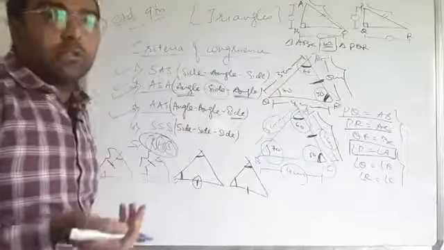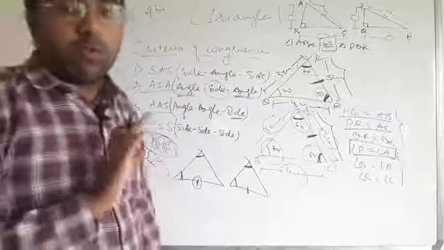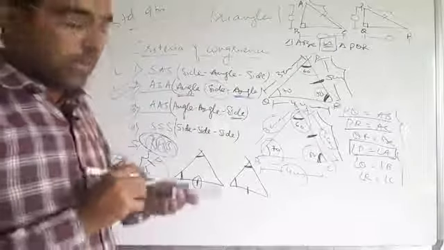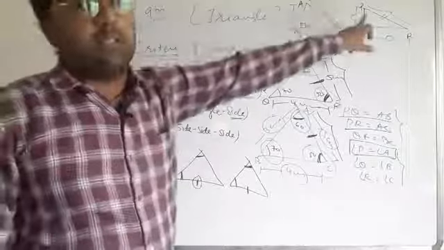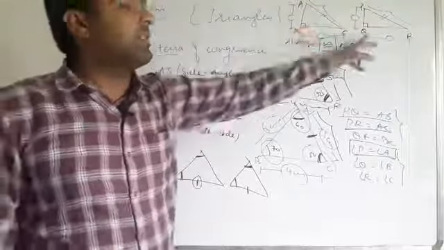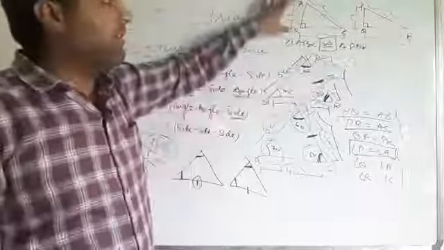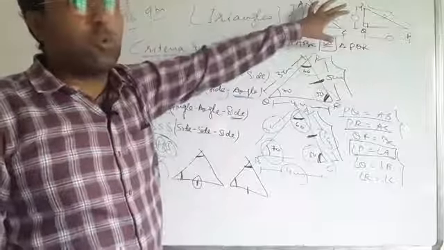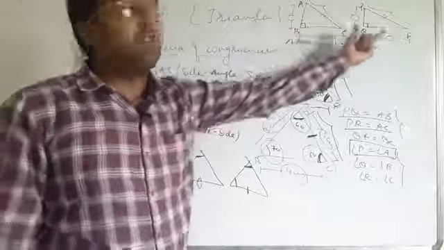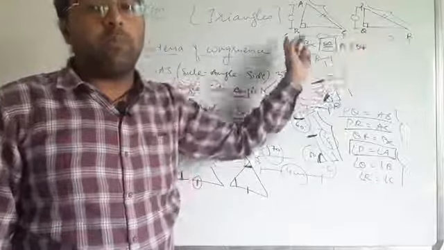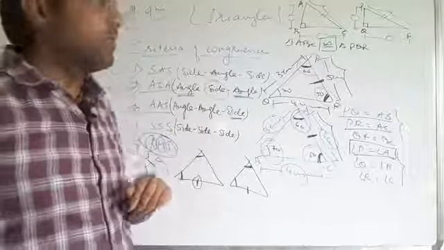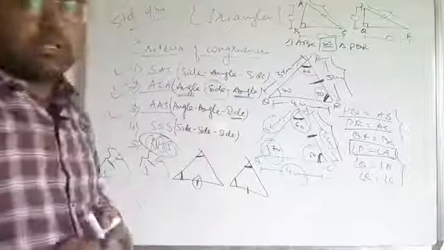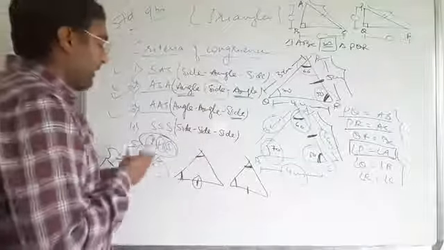We must take them in order, with the corresponding parts. So AB corresponds with PQ and BC corresponds with QR. Any one of these sides must be equal. So in RHS, one of the angles must be a right angle.